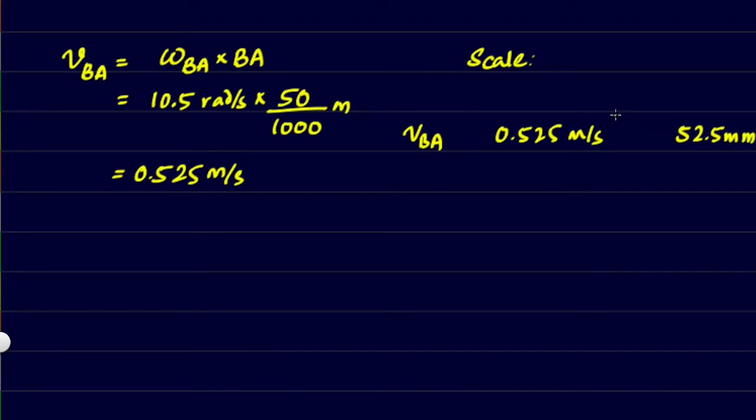So you can see that the scale I'm using here from left to right is multiplying by 1000, and so whenever you get the values from the diagram, you just need to divide it by 100 to get back the value in meters per second.